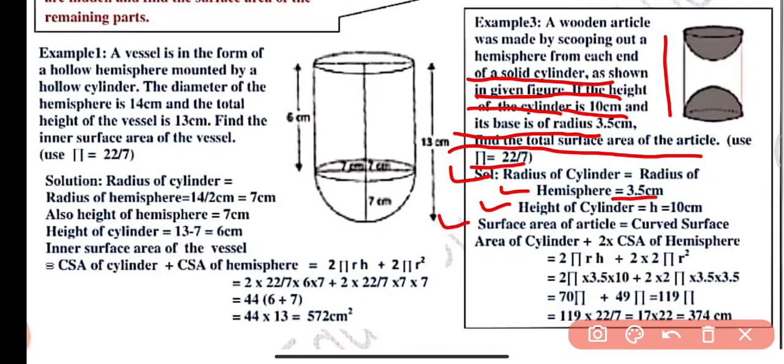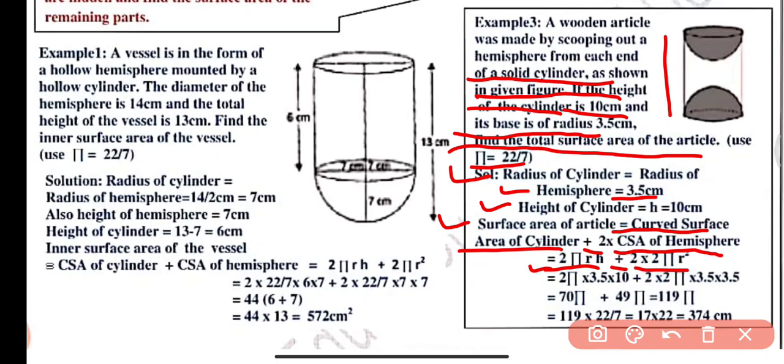Surface area of article will be the curved surface area of cylinder plus 2 into curved surface area of hemisphere, as we are having two hemispherical parts, one on top and one on the base end. So the curved surface area of cylinder will be 2 pi rh, and 2 into curved surface area of hemisphere is 2 into 2 pi r square.